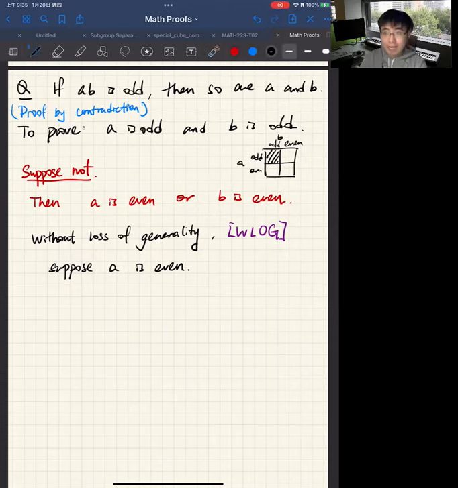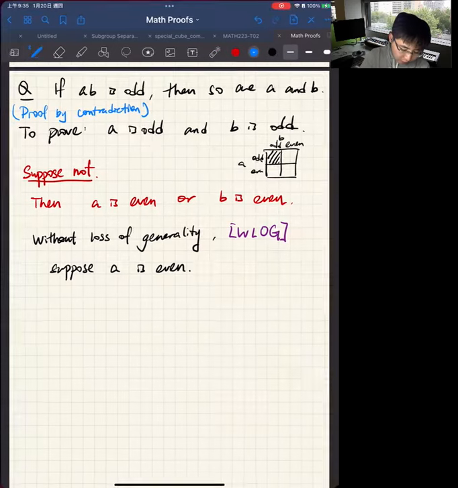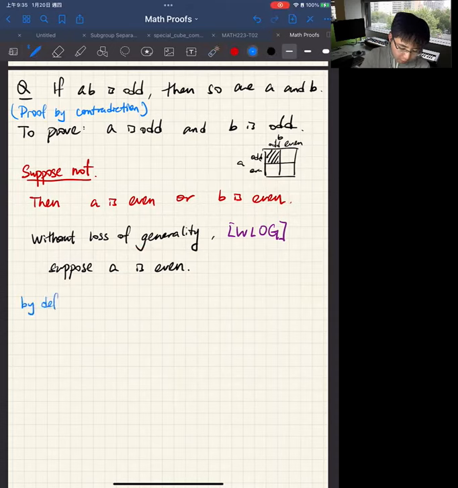Now, suppose A is even. Then what does it mean? By definition, there exists a K such that A equals 2K.